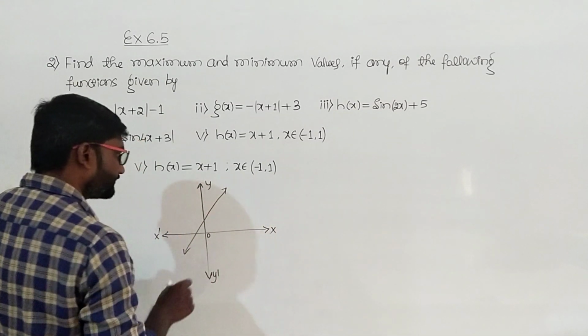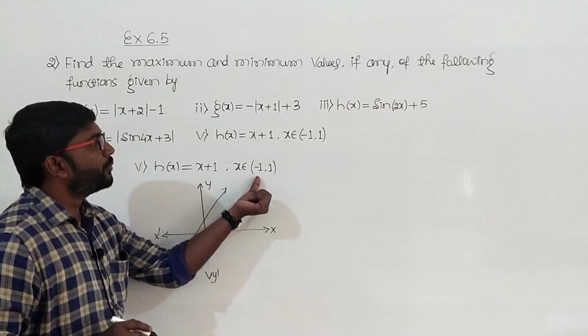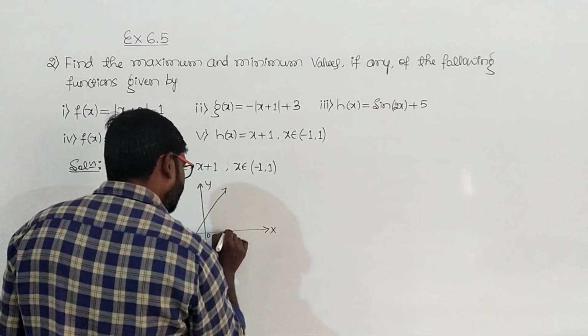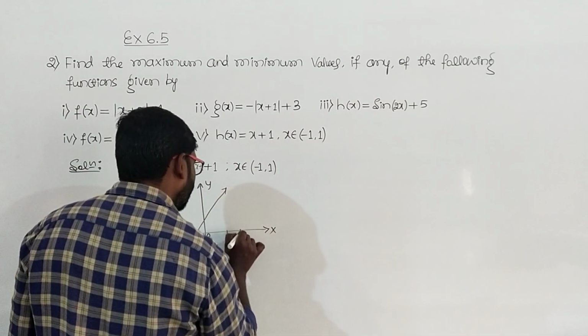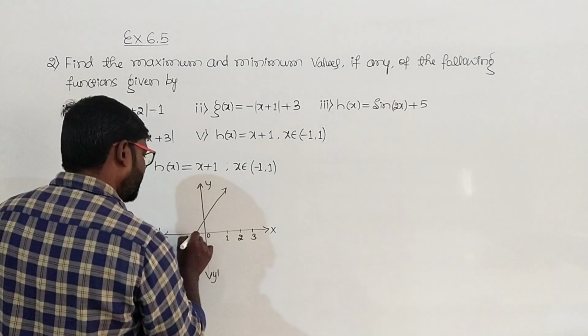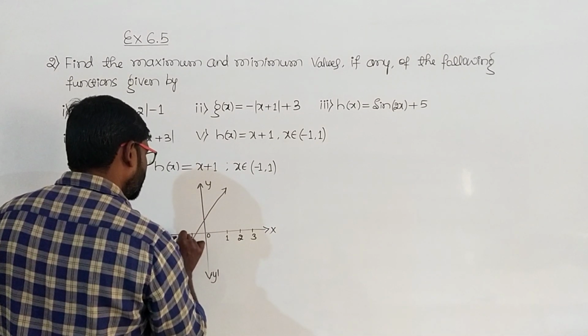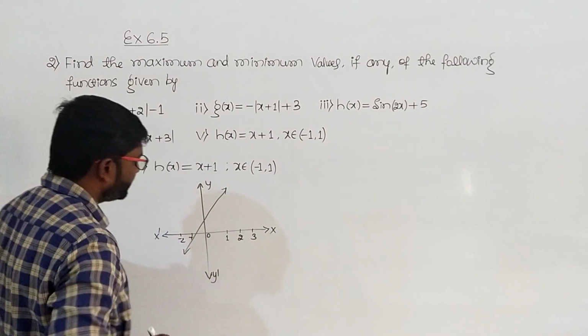Approximately you need to draw. So now he has given the open interval minus 1 comma 1. This will be plus 1, 2, 3, and here it is minus 1, then minus 2 and minus 3, and so on.